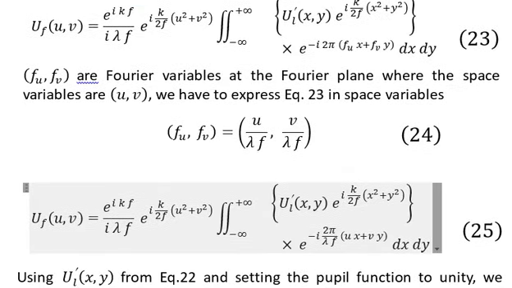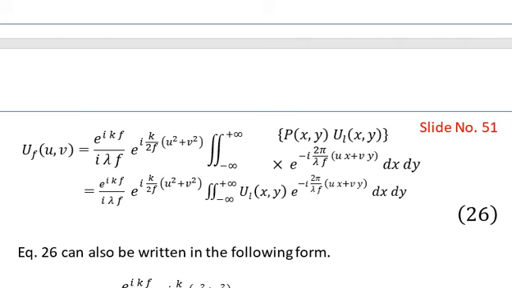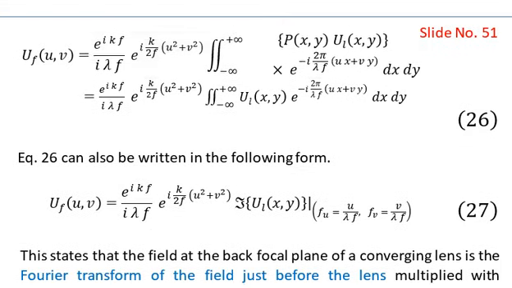So that quadratic factor within the curly bracket in equation number 25 will be cancelled out, and we have the formula in equation number 26. So equation number 26 can be written in the following form. If we ignore the pupil function, we can set it equal to 1, and apart from these complex quantities, we have the integral in equation number 26.